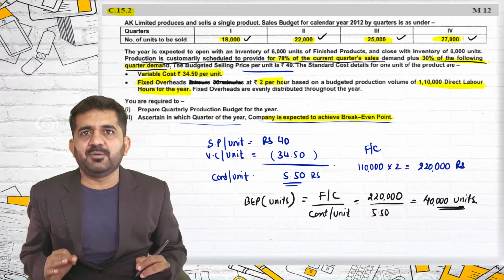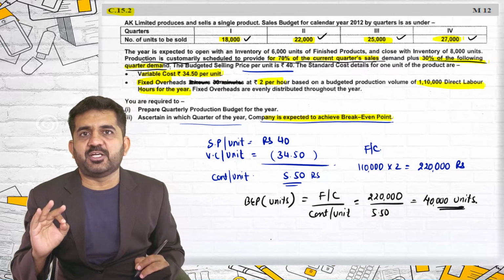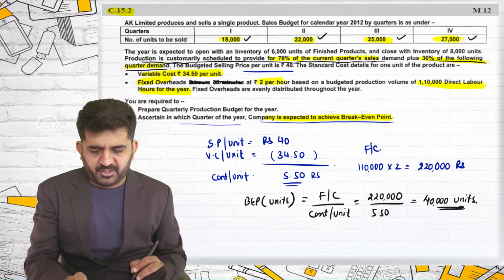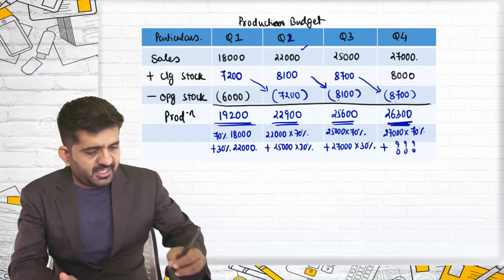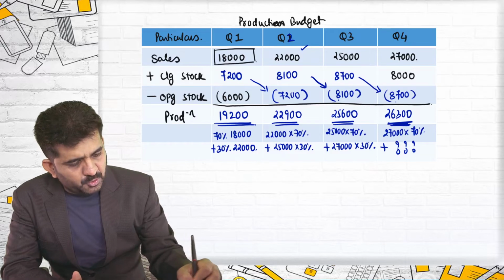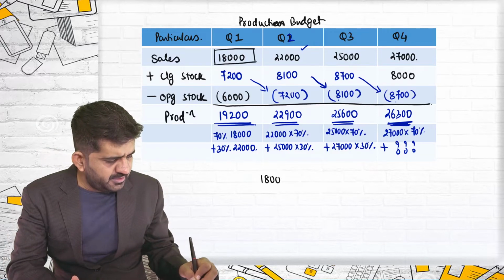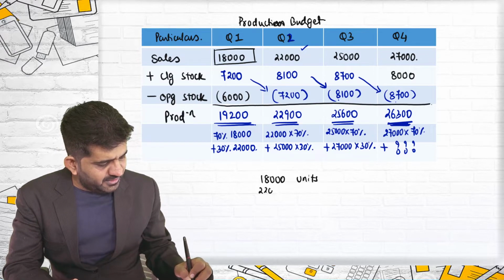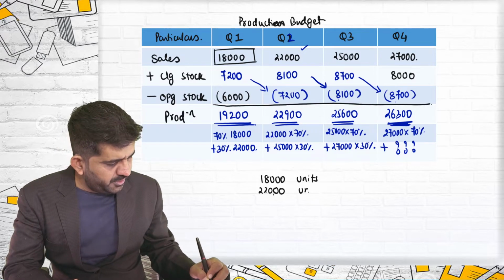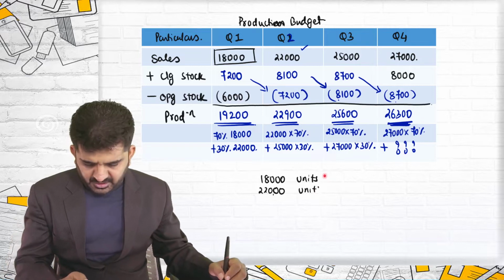What is break even point? It is the units sold at which I will have no profit, no loss. They are asking in which quarter you will attain break even. In first quarter you are selling 18,000 units. In second quarter you are selling 22,000 units.